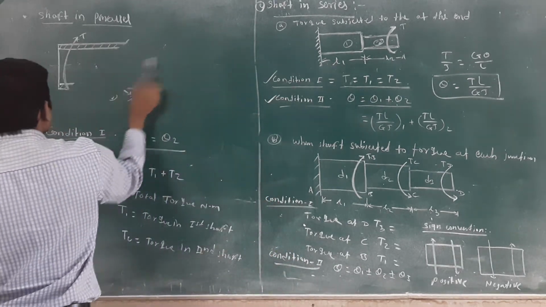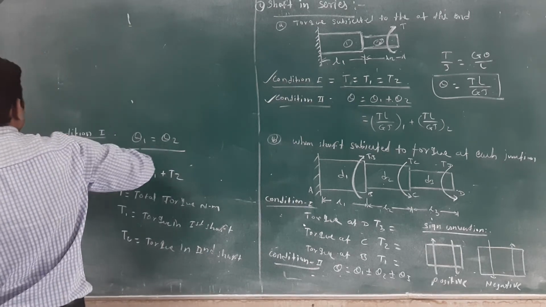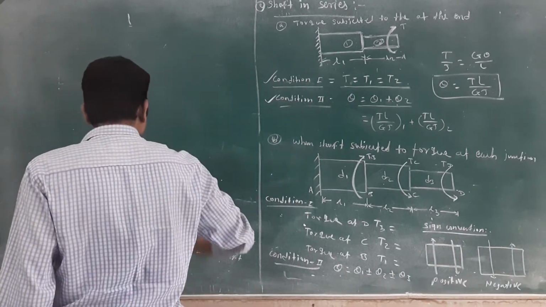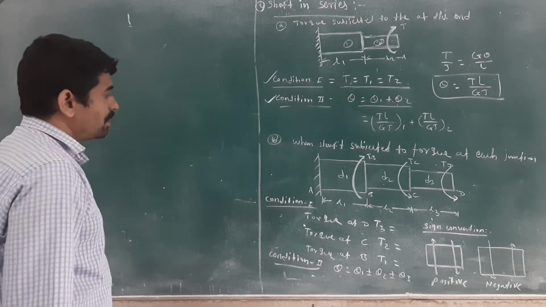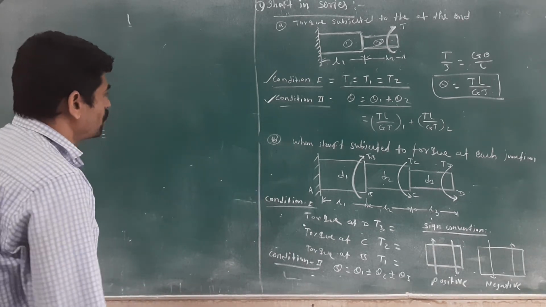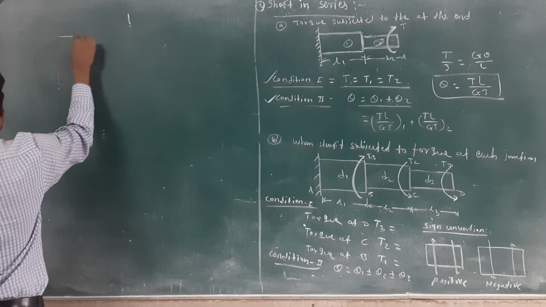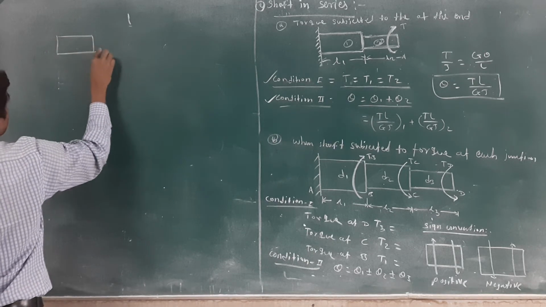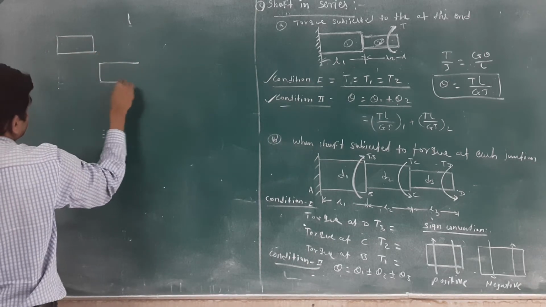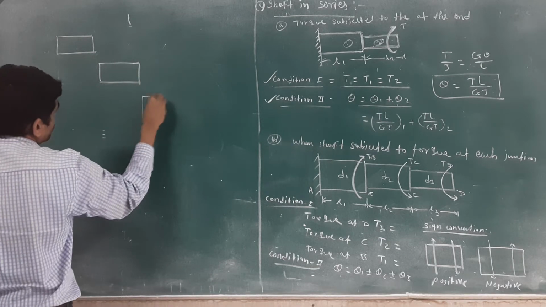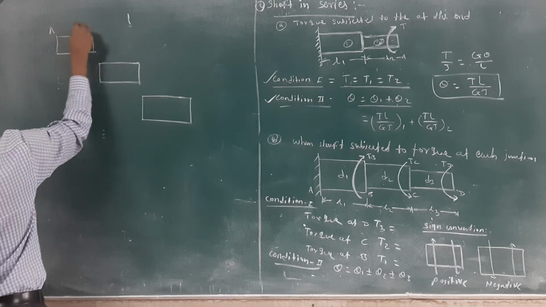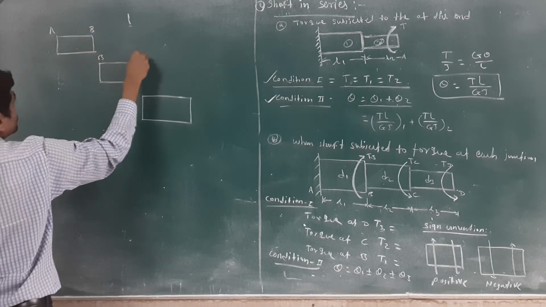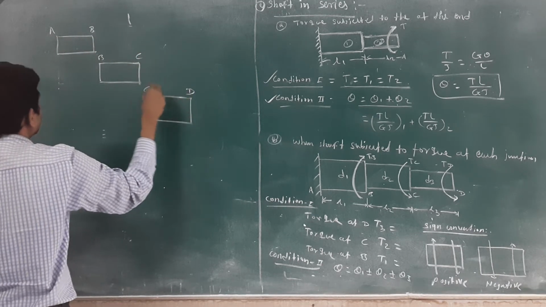If you are given two or more than two shafts, then you should draw the FBD for each shaft individually. We have seen what the FBD is: free body diagram. Here is the first shaft, suppose AB, BC and CD.